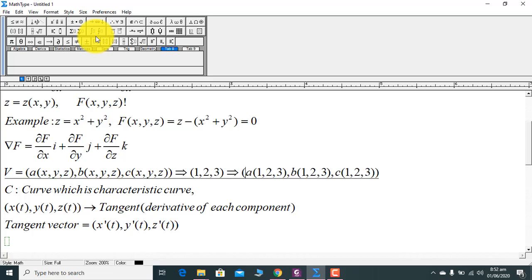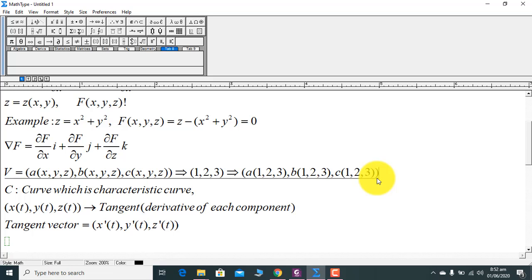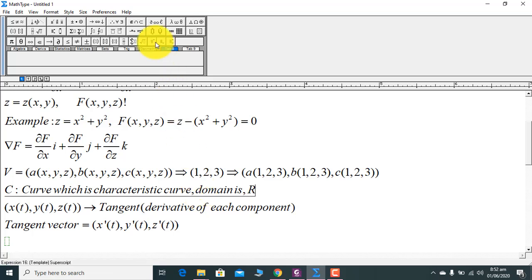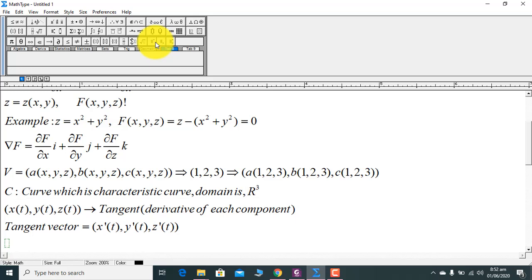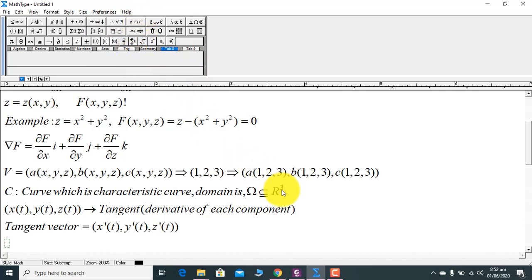Now at that point 1 2 3, if this vector is also tangent to the curve, where the curve is also on the same domain, R cube or any subset of R cube, you don't have to be precise, any omega domain, I think we had taken omega as the domain.